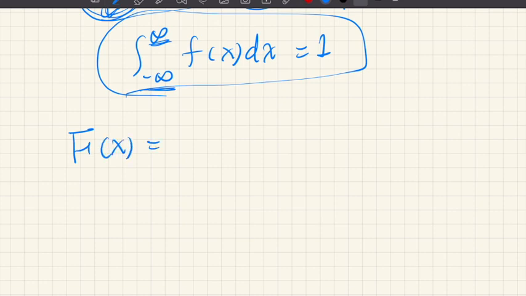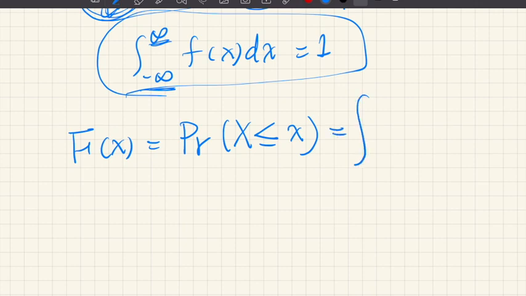The cumulative distribution function is the probability that the random variable takes the value less than or equal to the given value, which in this case is actually the integral from negative infinity to small x of f of x dx. So this is the cumulative distribution function for continuous random variable.